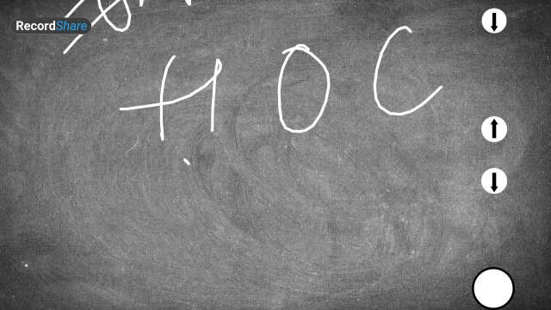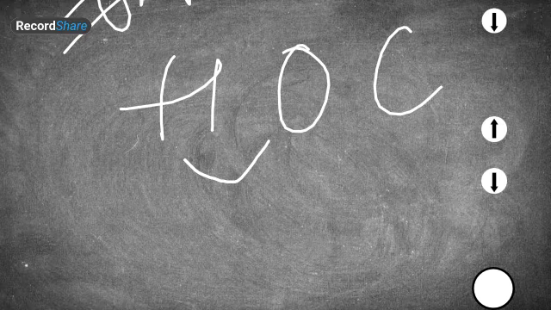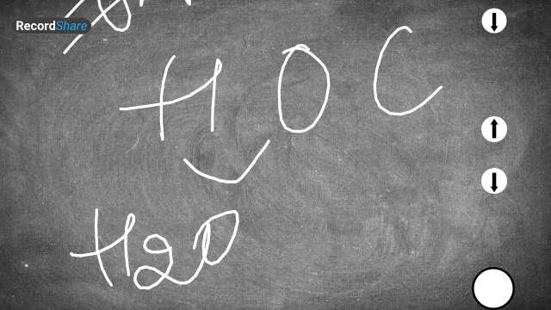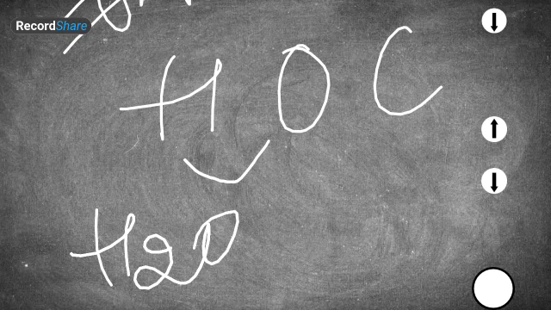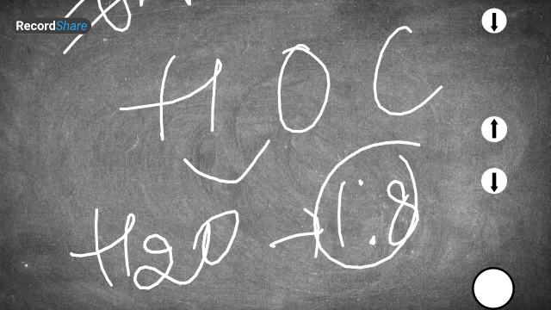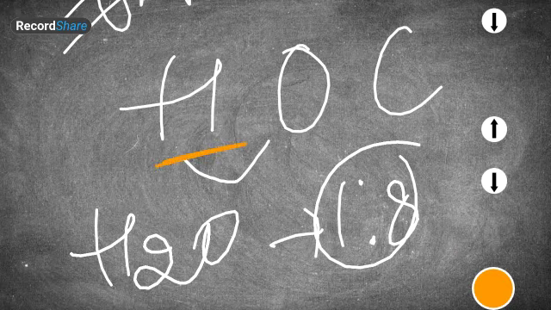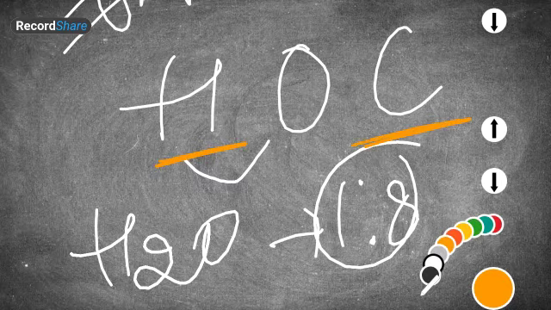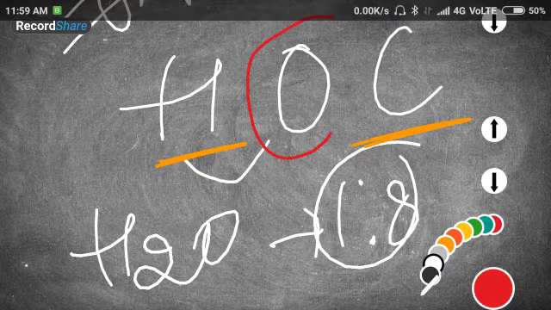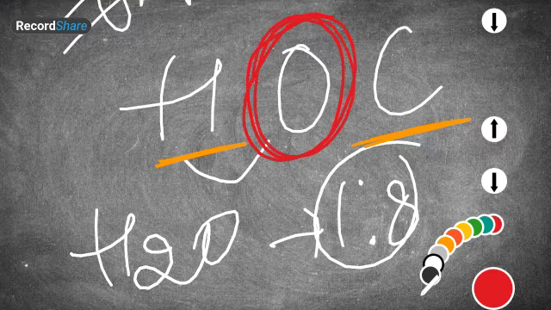When hydrogen and oxygen combine to form H2O, then the ratio is 1:8 by weight, we know. Now H will react with C, keeping the O fixed. We have fixed the O here.